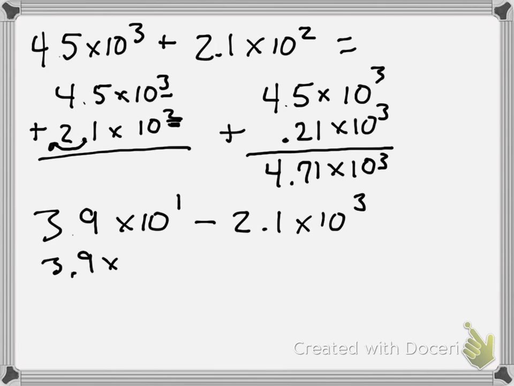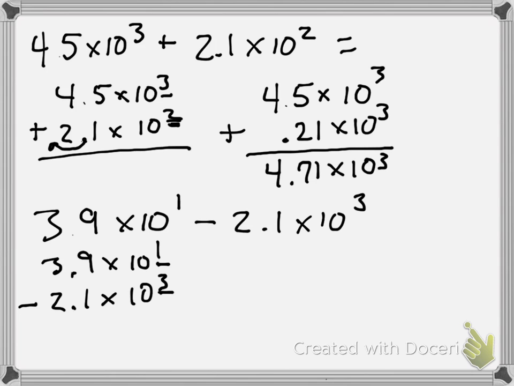So it's 3.9 times 10 to the first minus 2.1 times 10 to the third. You see the dilemma here, that we have a 1 exponent and a 3. We have to raise the smaller one up. I find that easier to do. You can do it either way and drop the 3 down to the 1, it just involves an extra step.